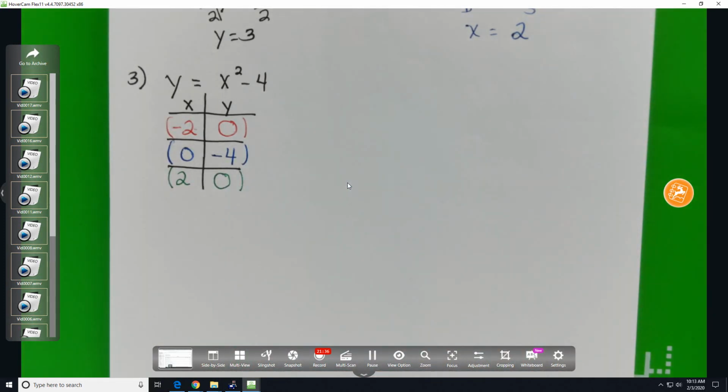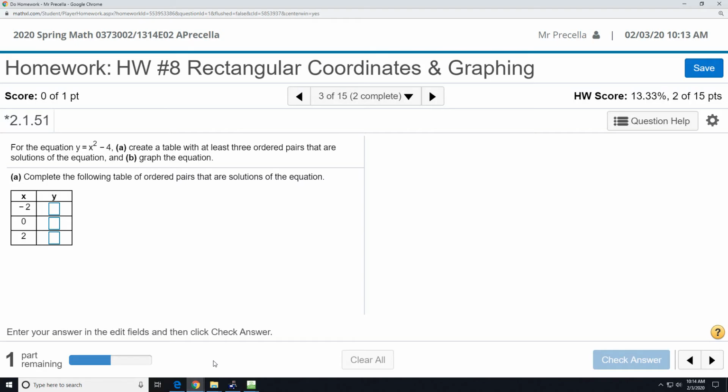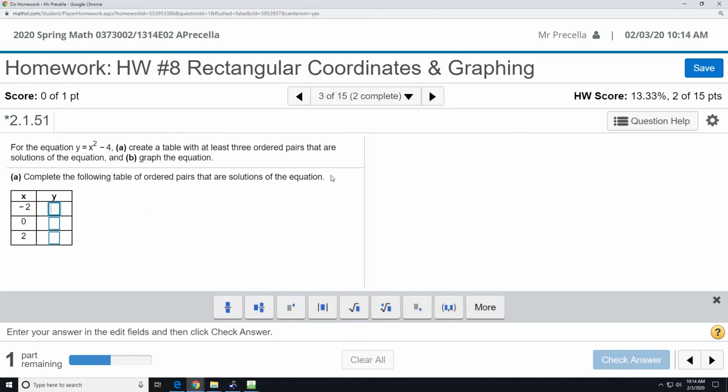So I'm going to plot -2, 0, 0, negative. Well, wait, I'm getting ahead of myself. I'm going to first punch in those numbers and make sure I have the right answer. It does say that we're going to have a 0, then a -4, and another 0.